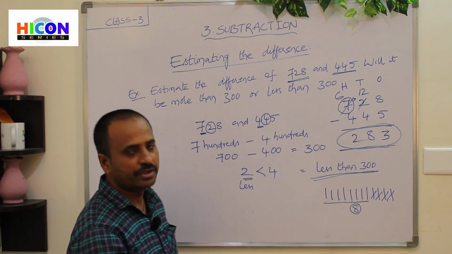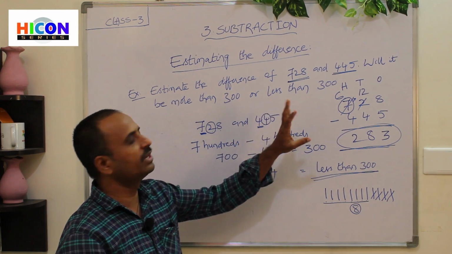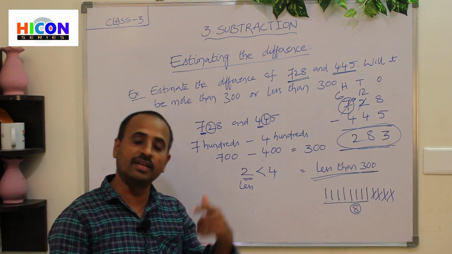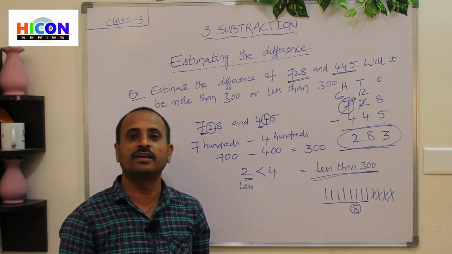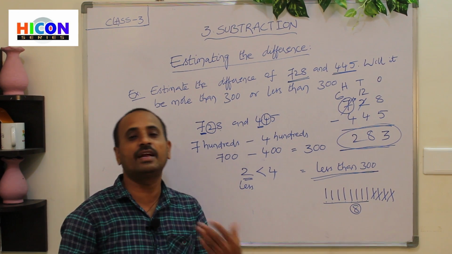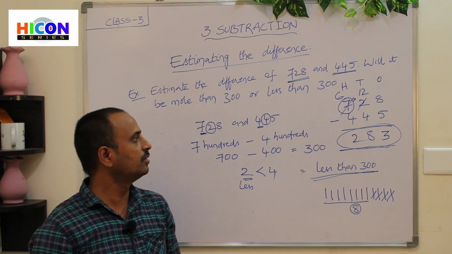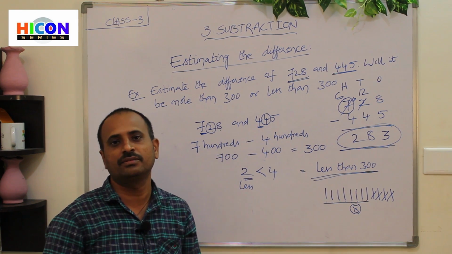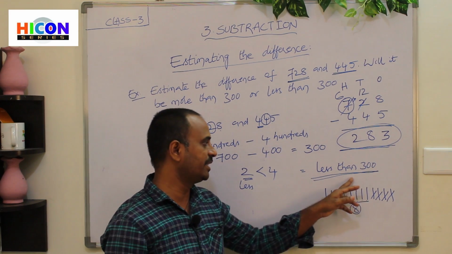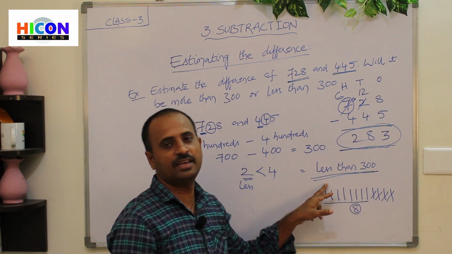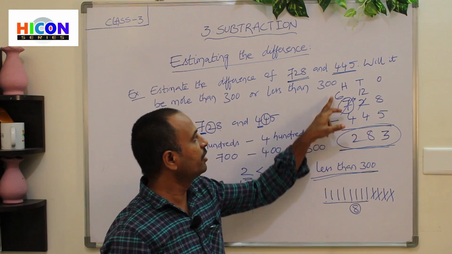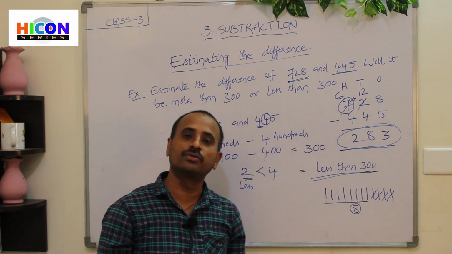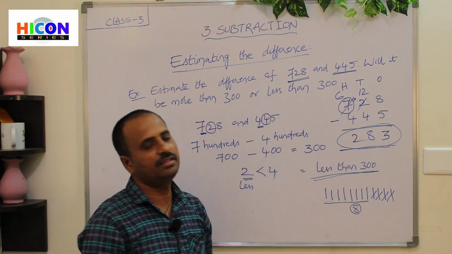In this way we can estimate the difference of 2 numbers and compare it with another number. So we can check our estimation. We estimated that the difference is less than 300, and in the actual subtraction, the difference is 283. That is less than 300.